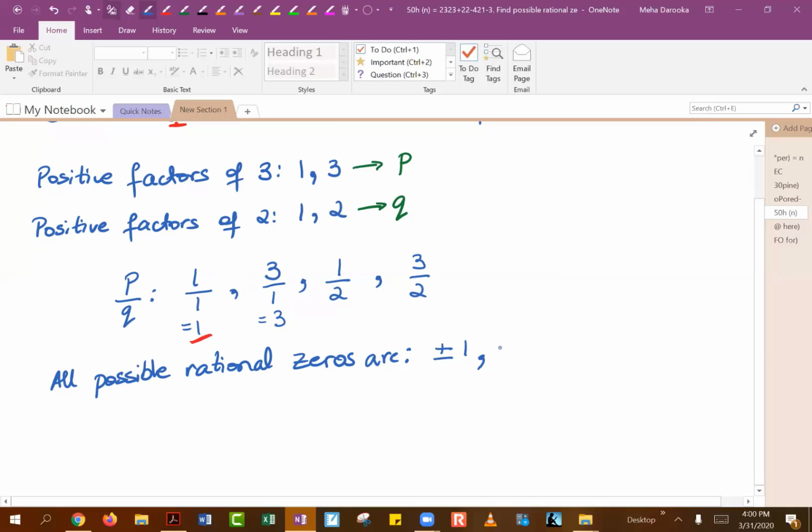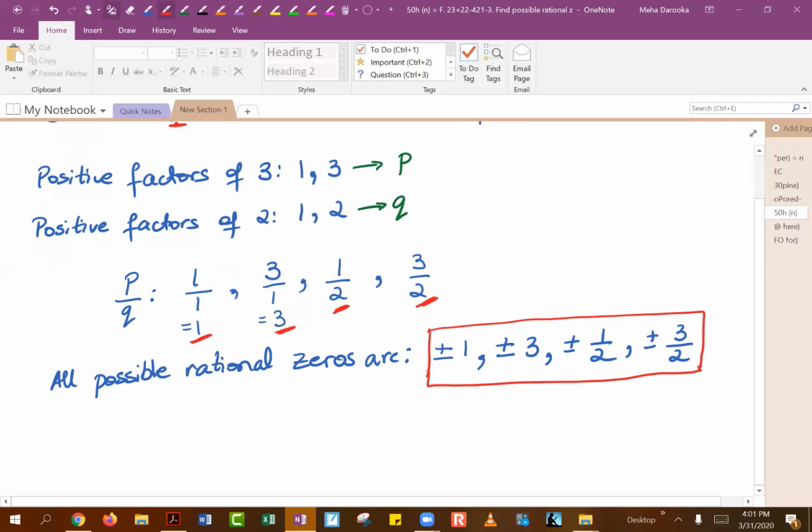You can have positive and negative 3, which is coming from here. You can have positive and negative 1/2, which is coming from here. And of course, you can have positive and negative 3/2, which is again coming from here. So even though you are seeing 4 options here, by the time we put these positive and negative signs, you end up getting twice that many, which means we have 8 different options.